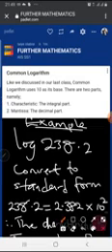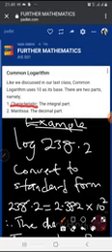The first one is called characteristic. Characteristic is the integral part of logarithm, which means the number is an integer, a whole number.